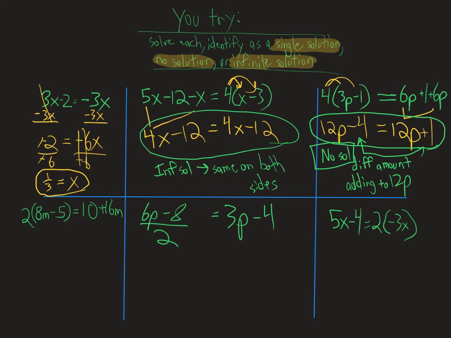Okay. All right. Next, I'm going to distribute there. I'm going to get my 16m minus 10. Oh, and I'm just going to rewrite that and put the 16m up front and the 10 behind it, and that makes it really clear. Oh, I meant to make it an infinite solution, but I made a mistake.